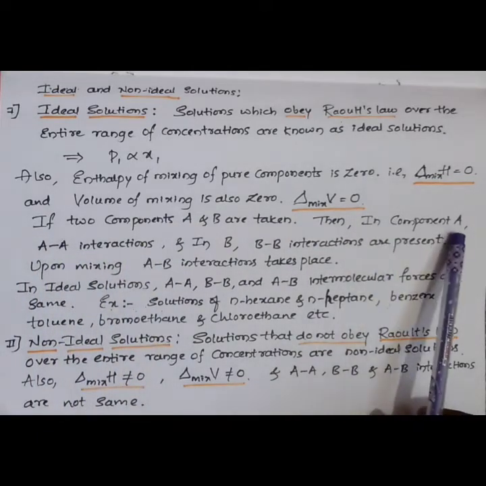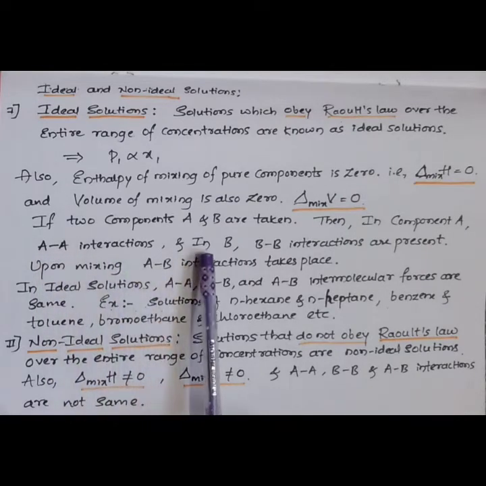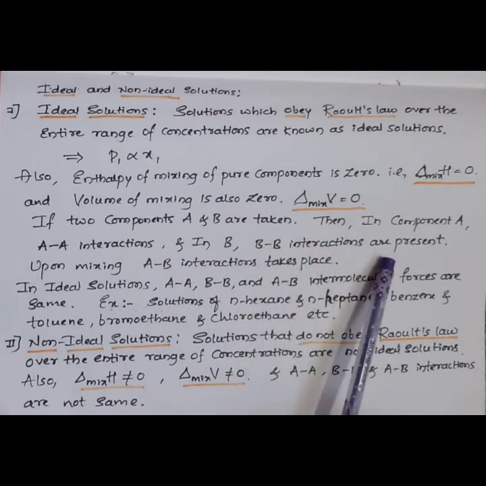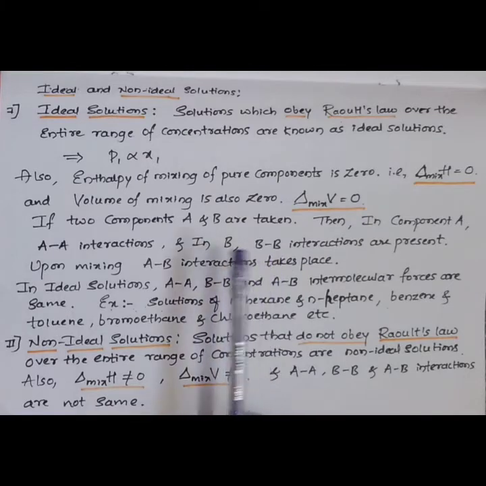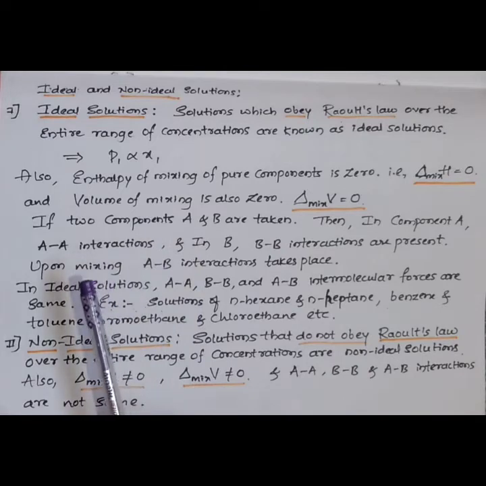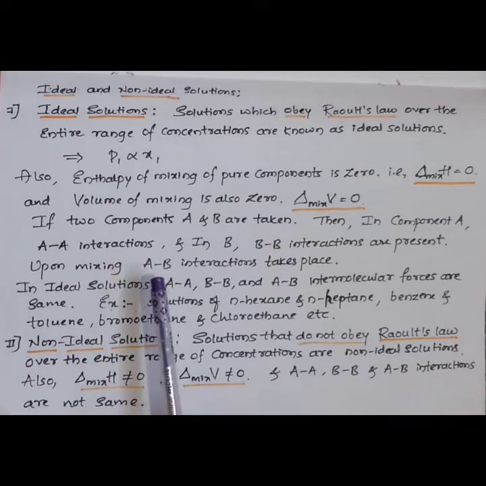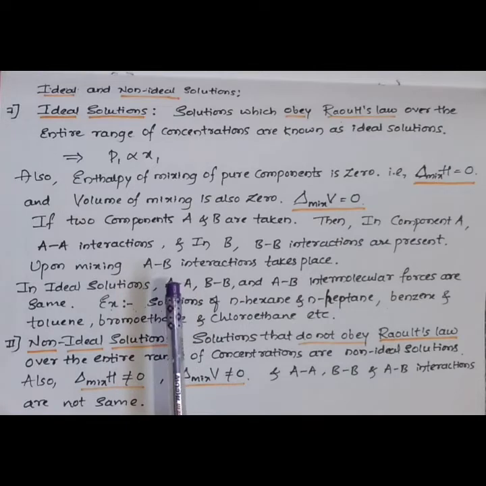In a similar manner, in component B you can observe BB interactions when they are present in the pure state, still not combined with each other. Upon mixing component A and component B, the interaction between A and B takes place. So AB interactions take place in the formation of a solution.